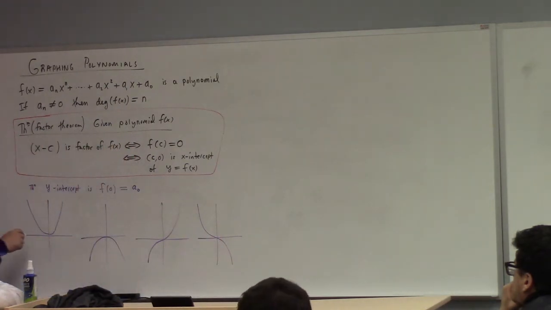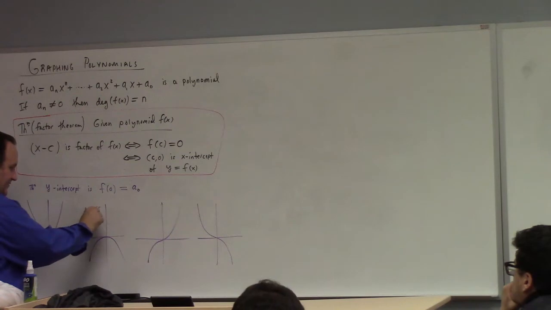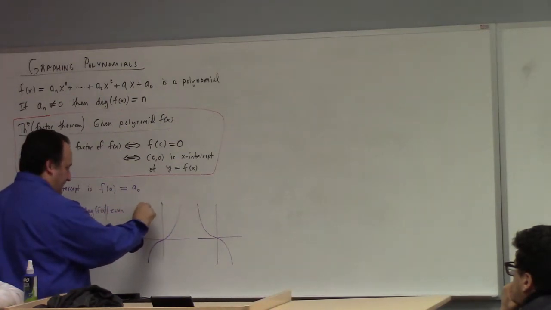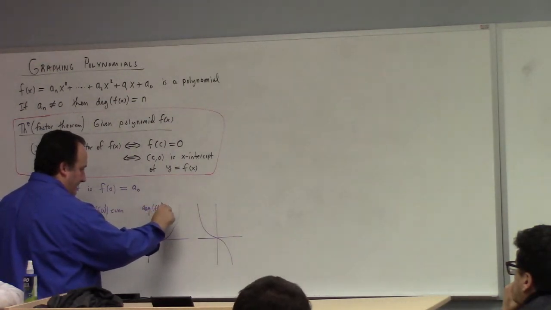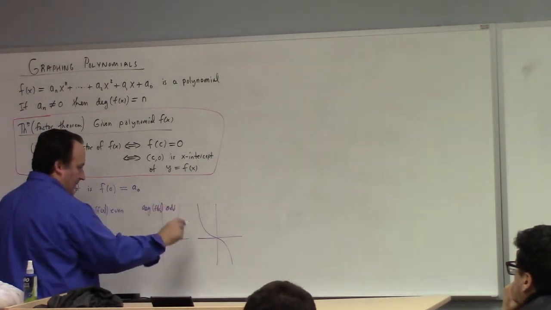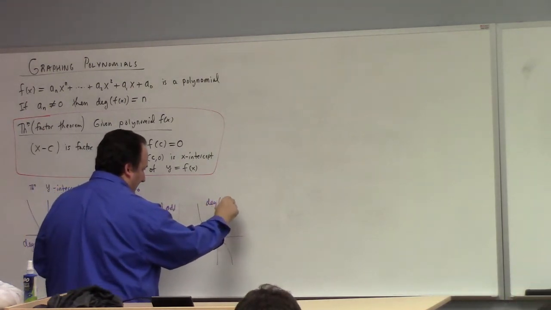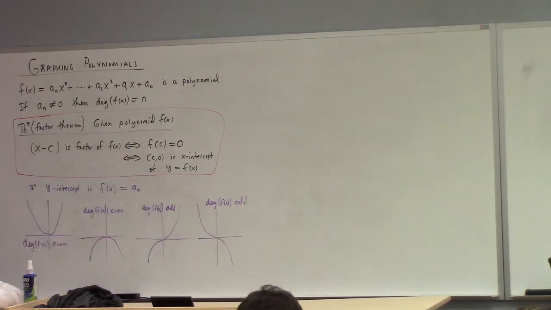In other words, here we've got the degree of f of x even, and here the degree of f of x odd. And what's the difference between these different cases?